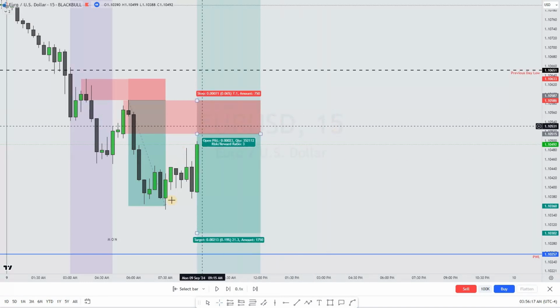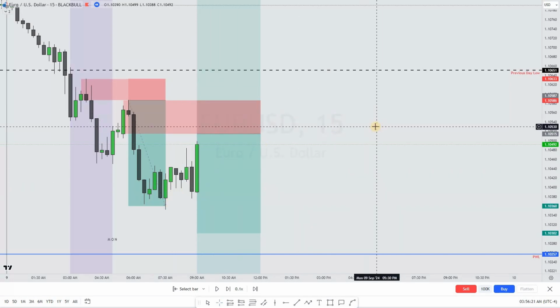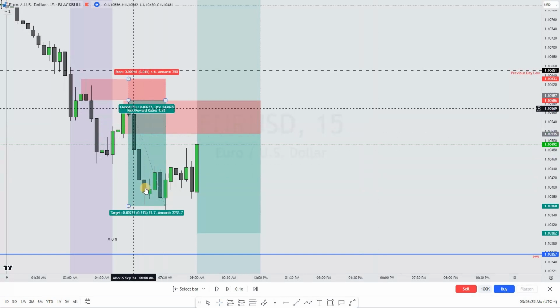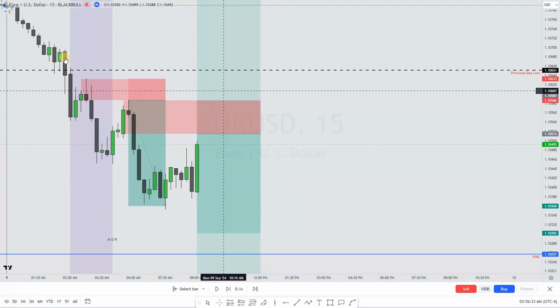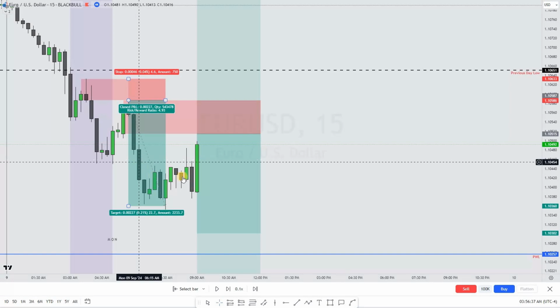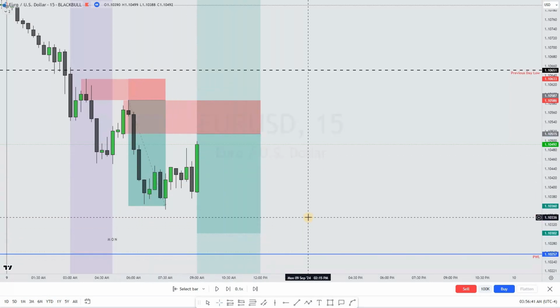The reason why I'm taking this trade is because of this move down here. This move down here told me that the price is more likely to continue lower than to reverse based on what I have seen. So this trade was a continuation during London session, and this trade is also a continuation during New York session.